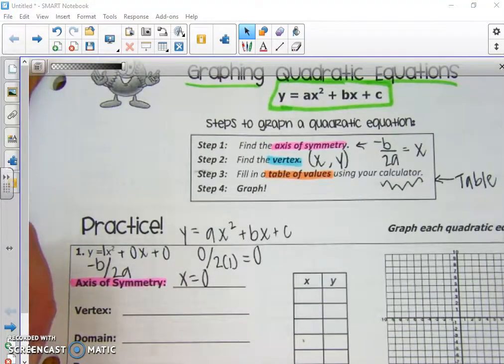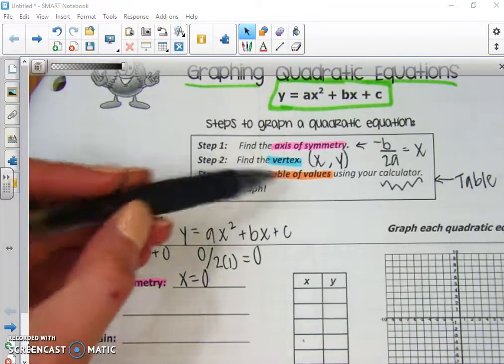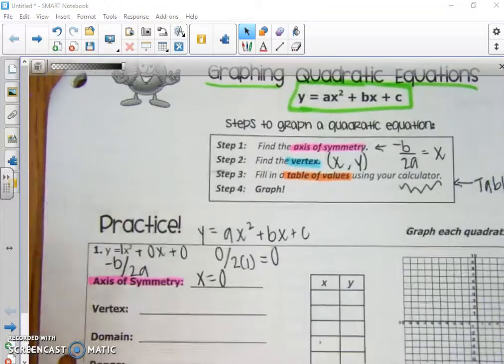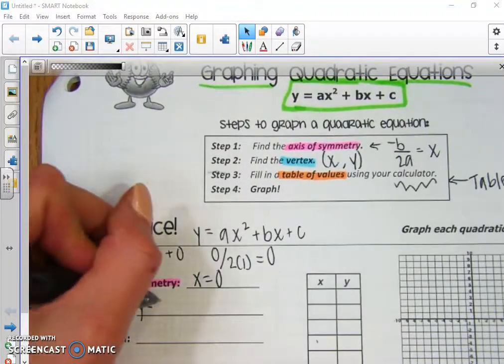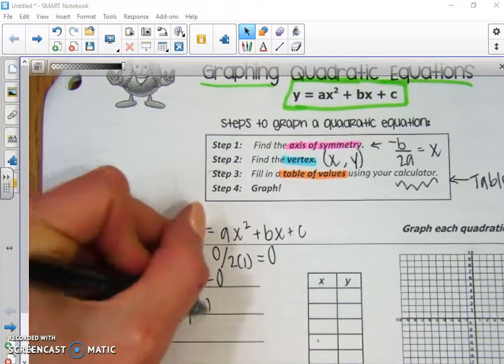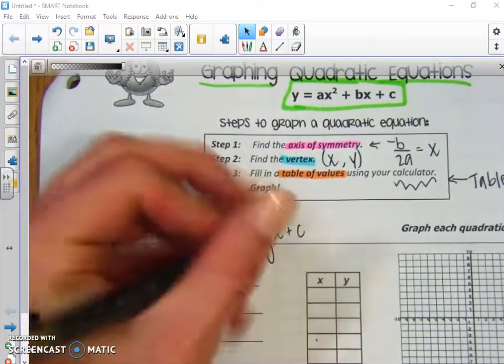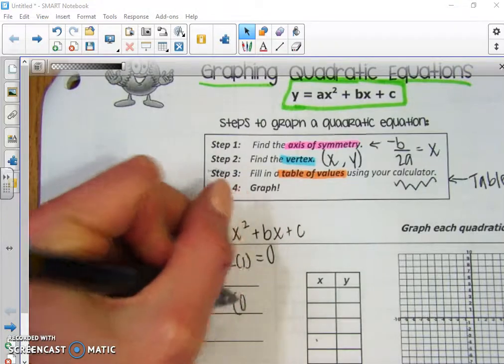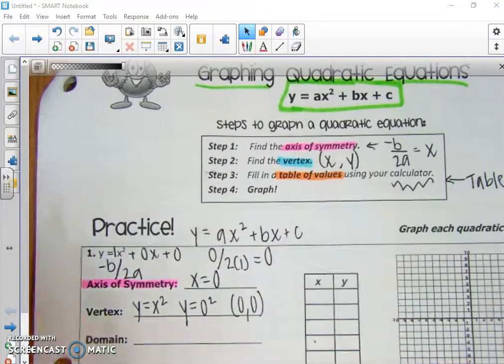Then we use that to find our vertex. We're going to plug that into our formula. If our formula is y equals x squared, we just do y equals 0 squared, or 0, creating the point 0 for x, 0 for y.